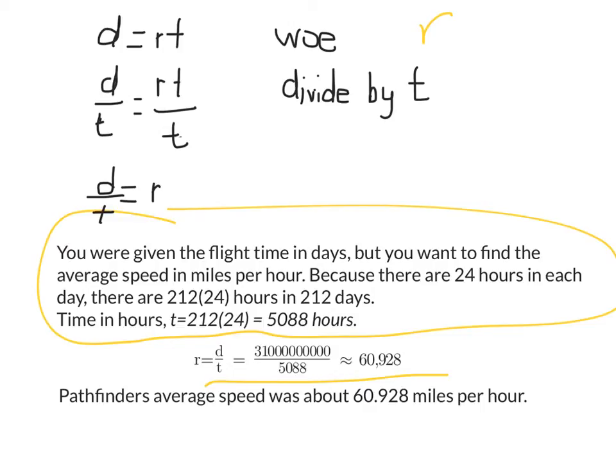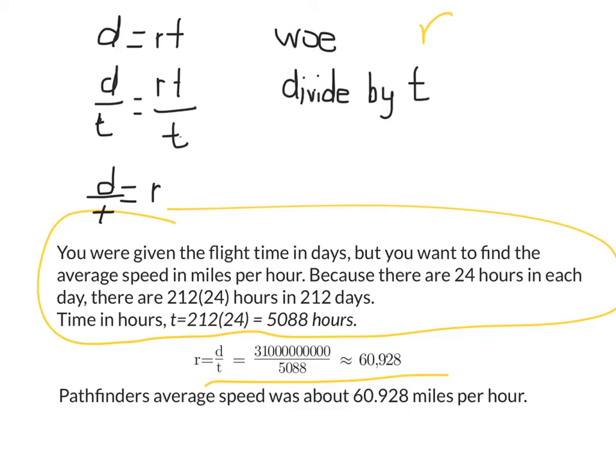So now we're back down here to my equation, and I'm going to plug in my hours here. So here's my 5,088 hours. This 310 million miles was from what I said earlier, on the screen before this, on how far the Pathfinder traveled.